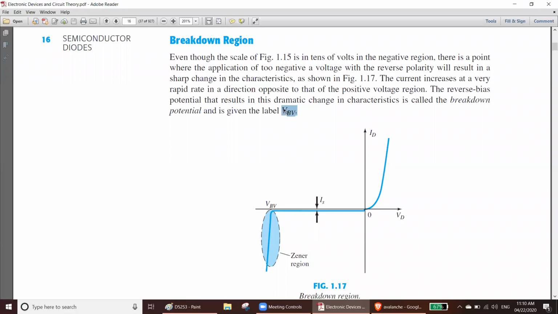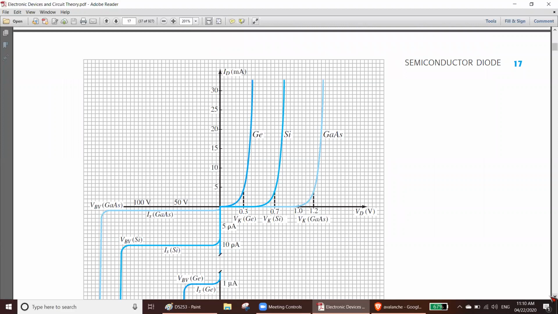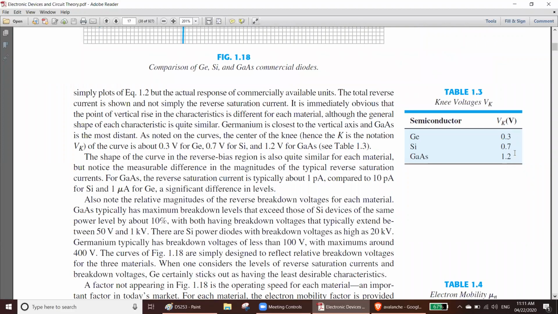Remember this. And here it is written already: germanium is 0.3, silicon is 0.7, and gallium arsenide is 1.2.